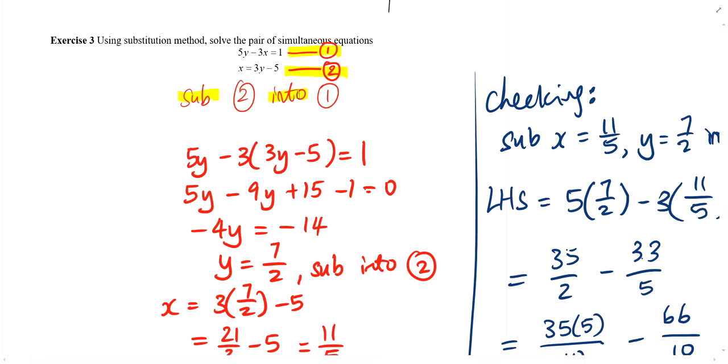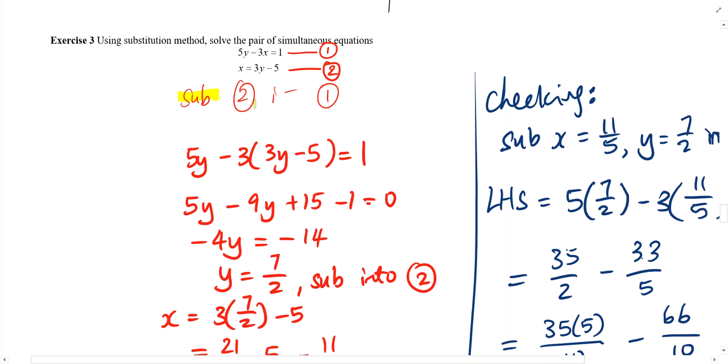Okay, so we see that, hang on, sub 2 into 1. Equation number 1 is made up of 5y minus 3x equals to 1.